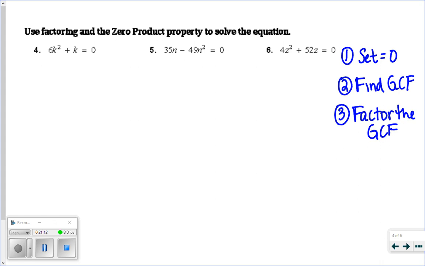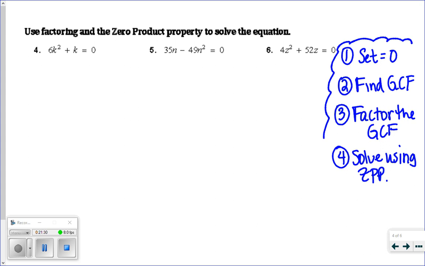Because once it's written as a product of two things equals 0, then we can solve using the zero product property. That's the name of the game. This is the big idea today. So write that down, have that as a nice little step-by-step guide, and let's put it into action.